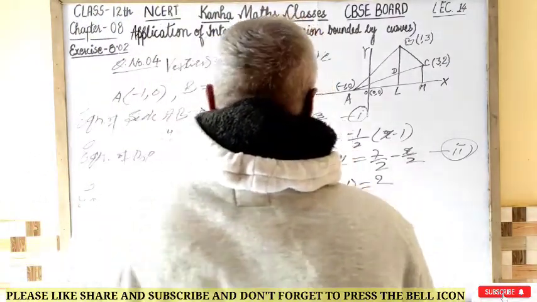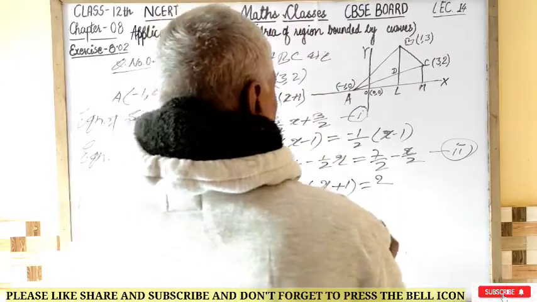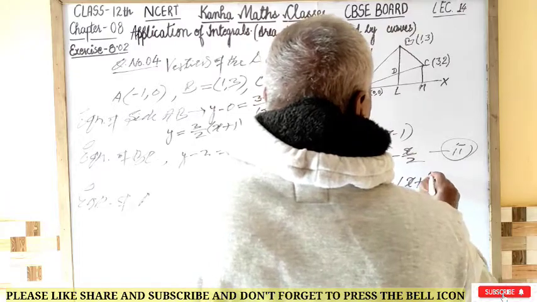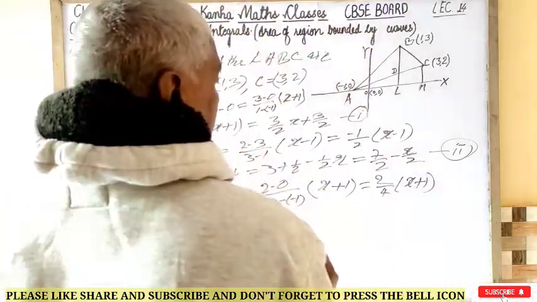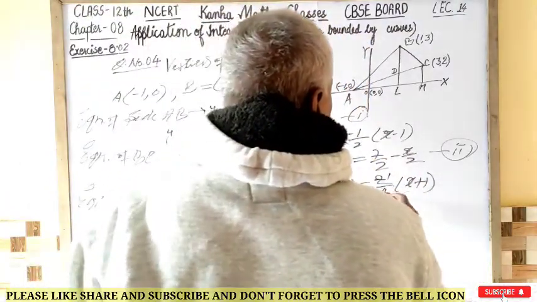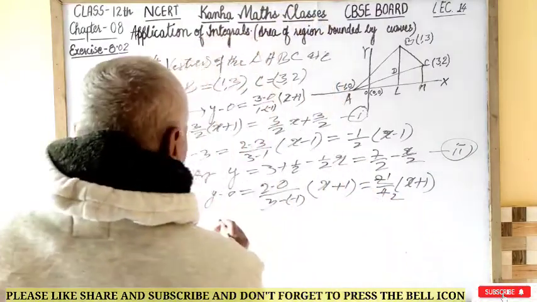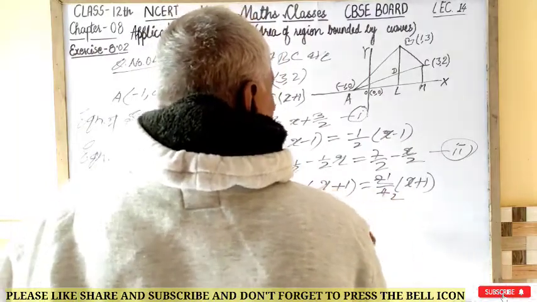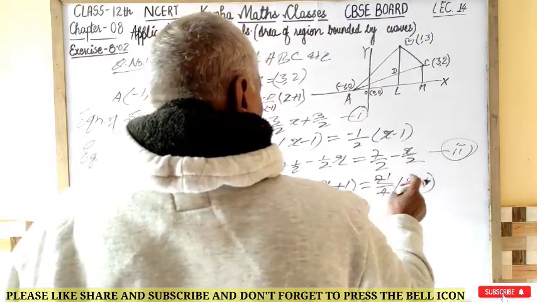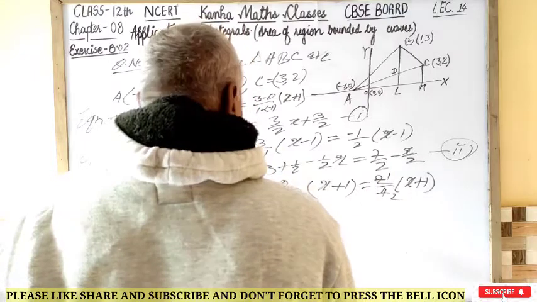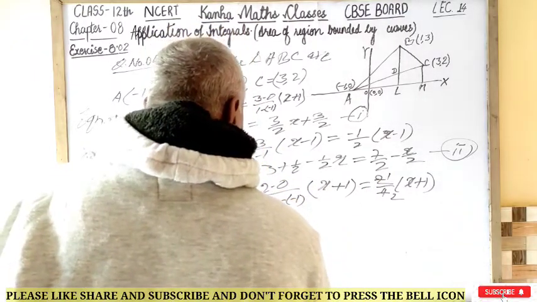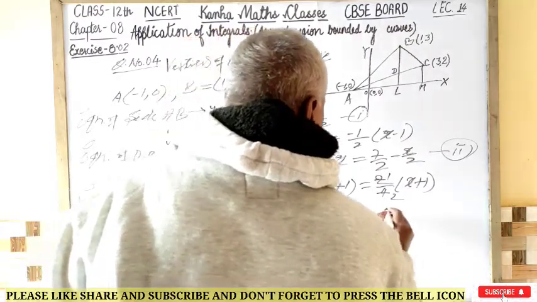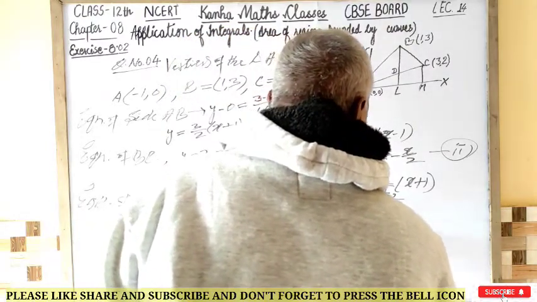Here 2 upon 4 times x plus 1, so y equals 1 by 2 times (x plus 1), meaning x by 2 plus 1 by 2. This is equation number 3.